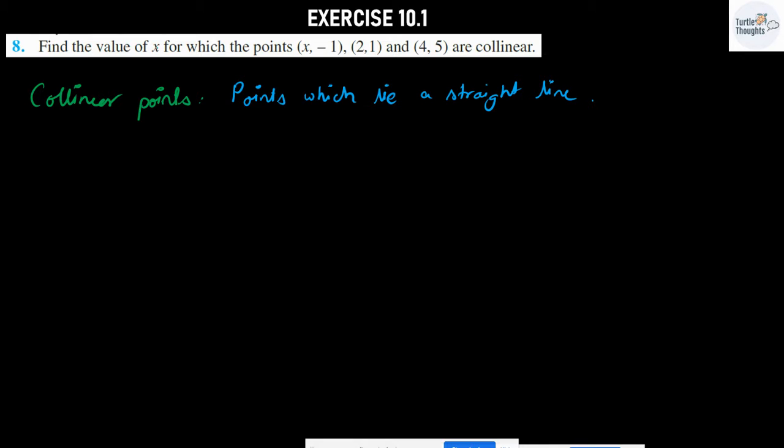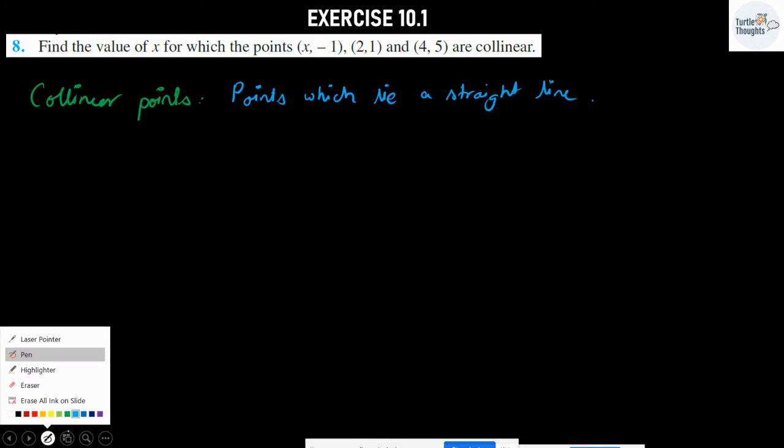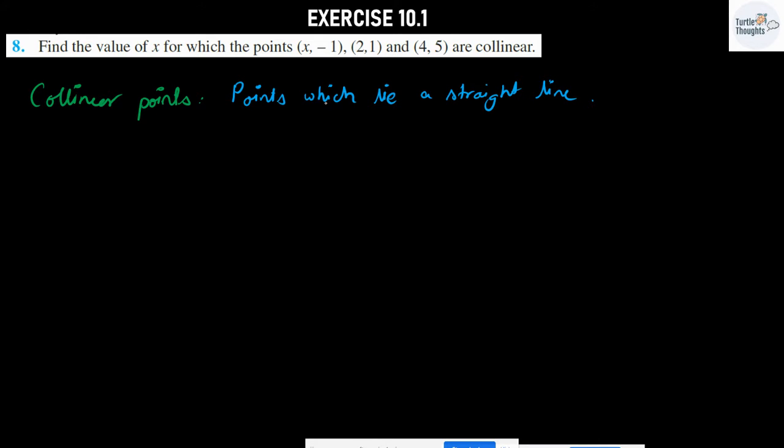Now they have given the points and we need to find x such that they are collinear. Whenever they have given 3 points and they are collinear, let us consider these points to be A, B and C respectively.